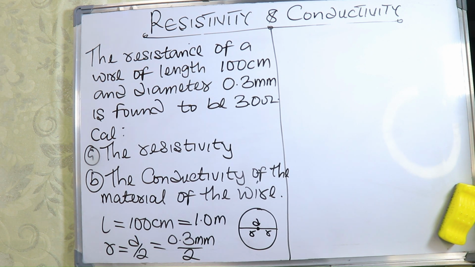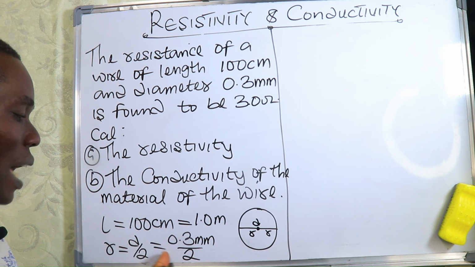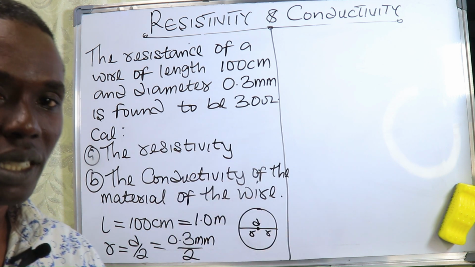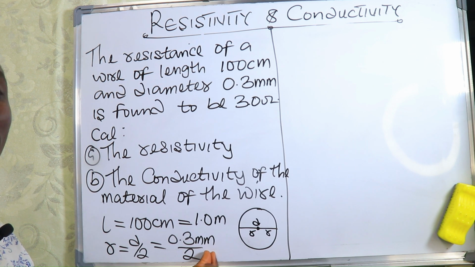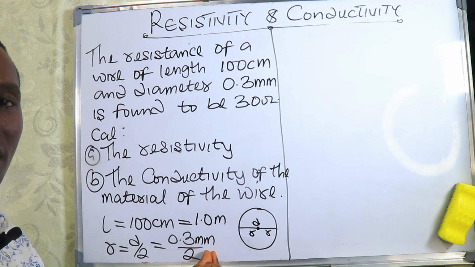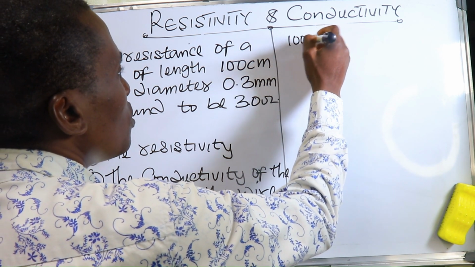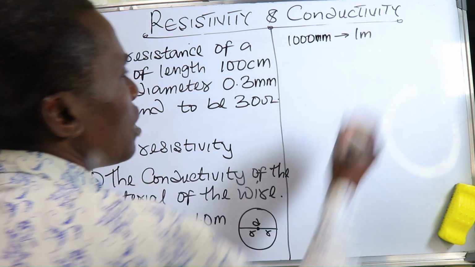Now remember the standard unit for length or diameter is not millimeter, it is meters. So we have to convert this to meters. For us to convert to meter, remember 1000 millimeter makes 1 meter.